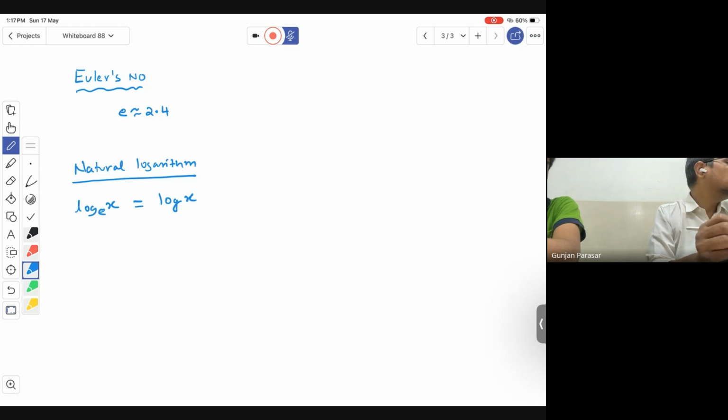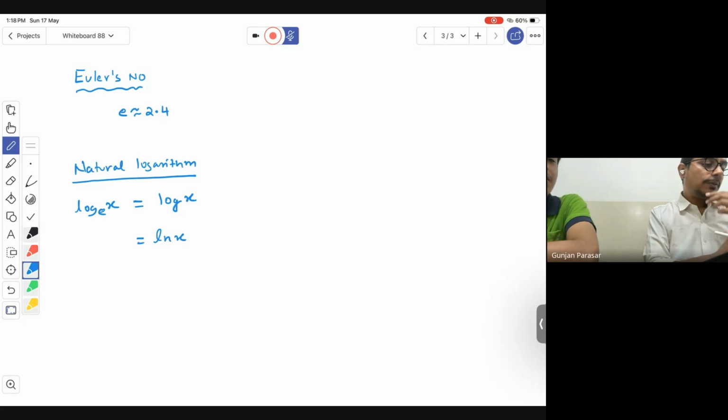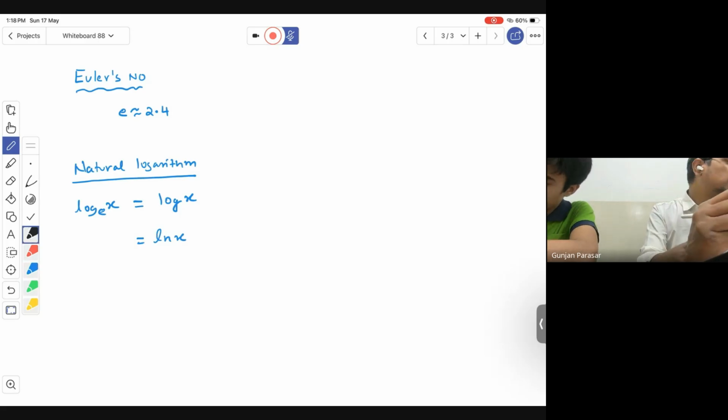In maths, maybe it might be 10 because there is a particular use of 10 there, and it has to do with some math thing that I don't want to discuss because we don't have that kind of time. Okay, so another shortcut way to write this is ln x. So you write ln x. Okay. So just know this thing, that is enough. For this test, after that you forget it also, no problem. For doing this it is not a requirement.